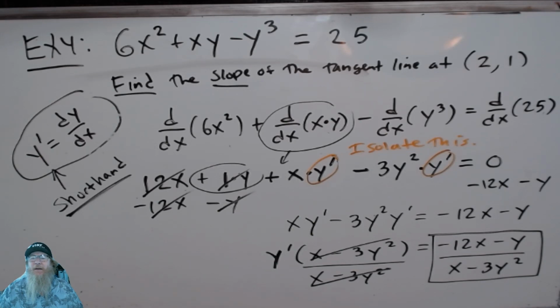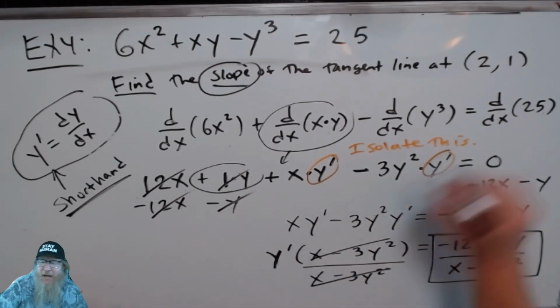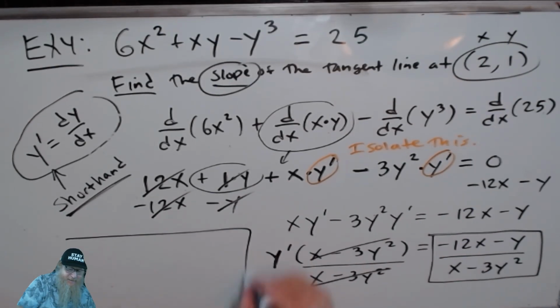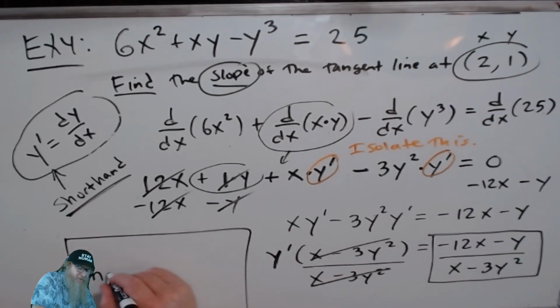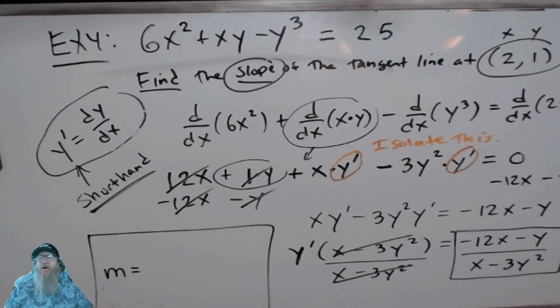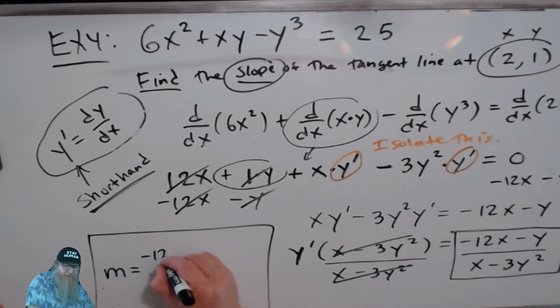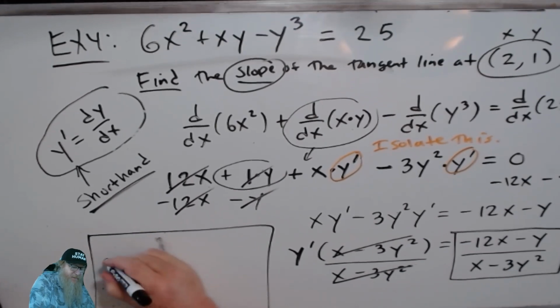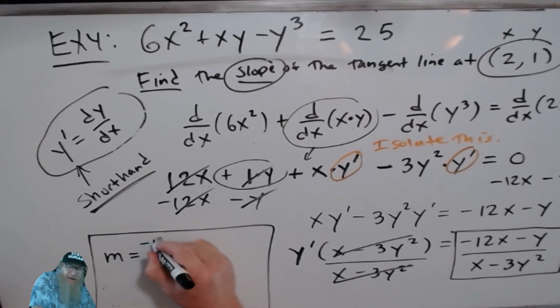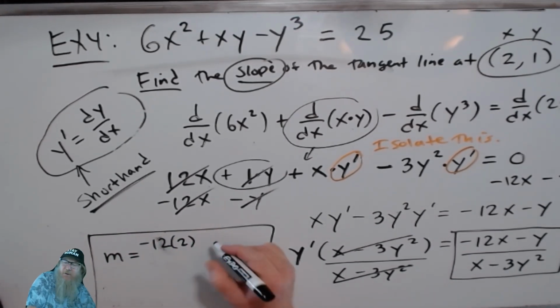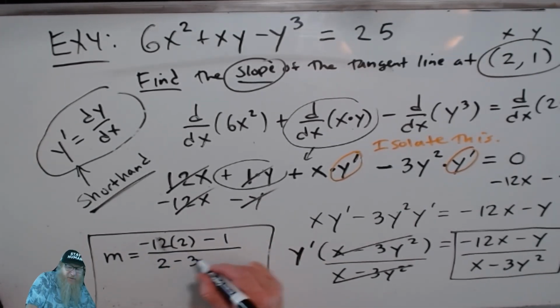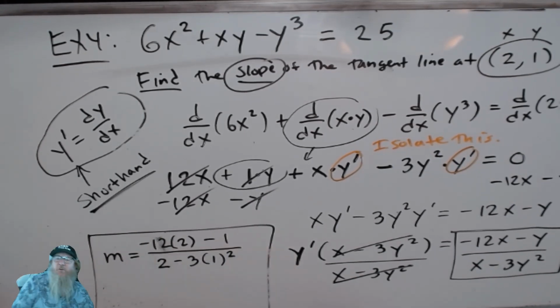Okay. We have to find the slope of the tangent line at the point. So the point is x, y. So the final answer is my slope, negative 12. I'm going to give myself some more room here. Negative 12 times 2 minus 1 over 2 minus 3 times 1 squared.